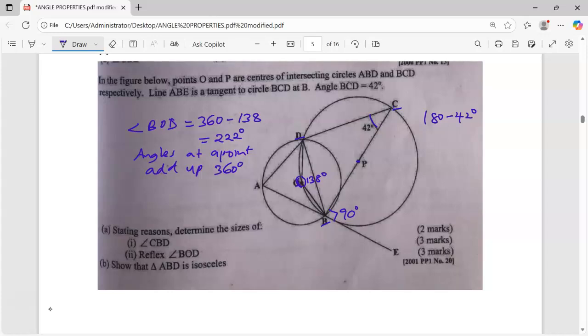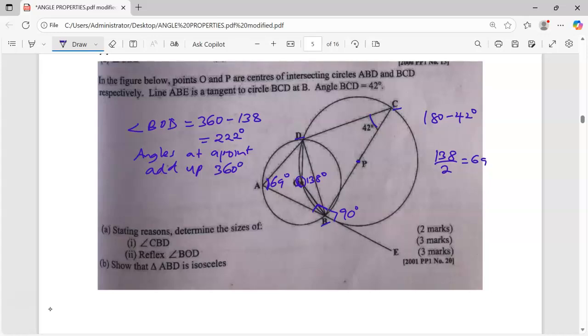And also, we are going to have 90 at this particular point here. We know for sure that if this angle is 138 degrees, we can get the angle at point A by taking 138 divided by 2, giving us 69. So this is 69 degrees.